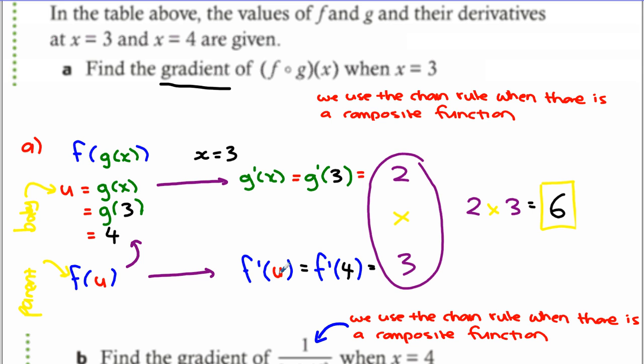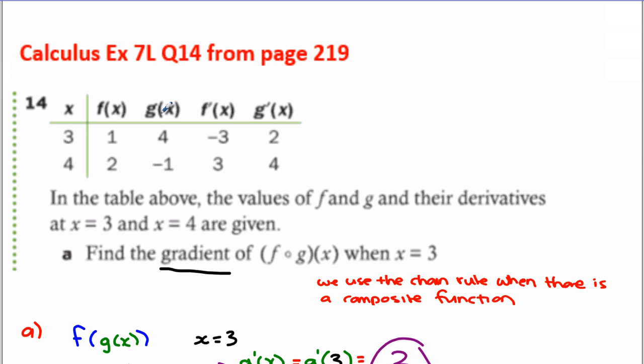And notice what's tricky about this one is why I've subbed in 4 here instead: because at x equals 3, what is the value of u is what I'm trying to work out. So at x equals 3, what's the value of u? I got that from the table above. At x equals 3, u is g of x, so there must be g of 3. And I went to the table above, so g of 3 is 4.